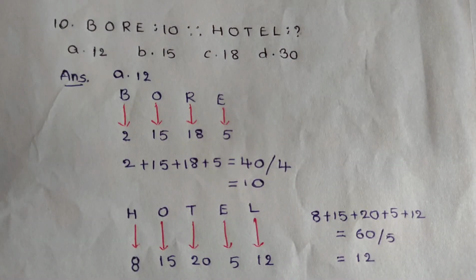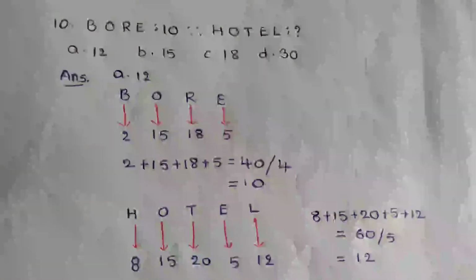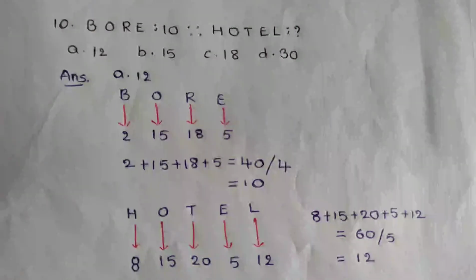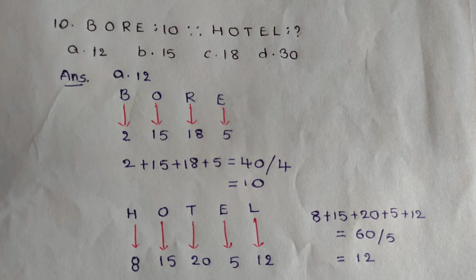So we have already seen the alphabets and their numbers. So for B we have the code 2, for O the code 15, for R the code 18, and for E the code 5.